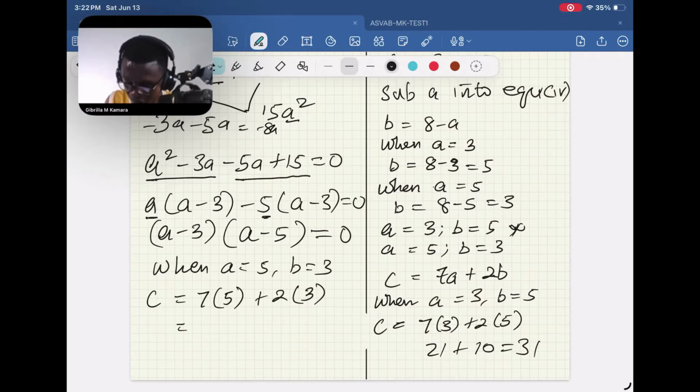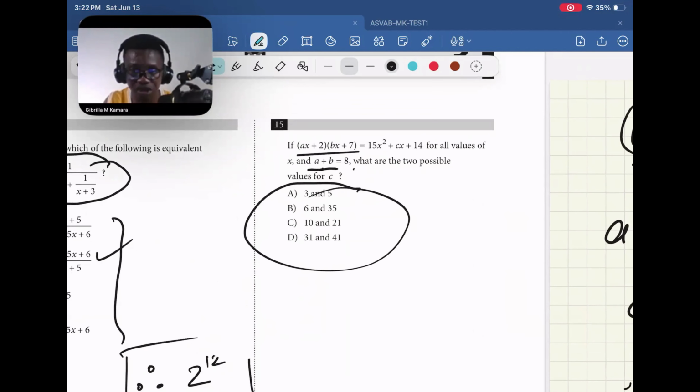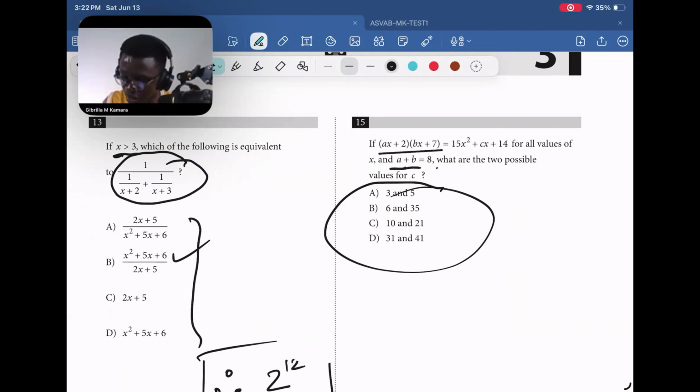So this gives you 35 + 6, which is 41. So the two possible values will be 31 or 41. Let's go back to the question initially. So this is the question. We can see not these two, not these two, not these two. This is our final answer.